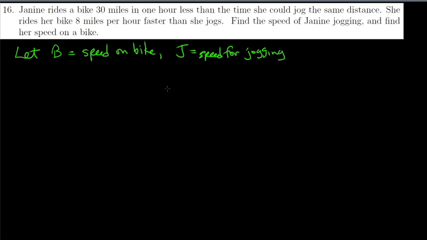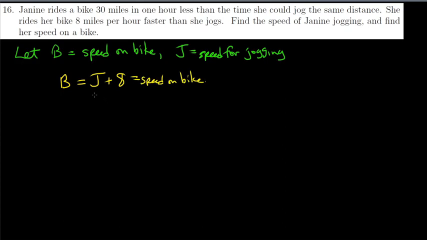I'll come back to the first sentence, but the second one is a little bit easier. She rides her bike 8 miles per hour faster than she jogs. So whatever the speed of jogging is, it's going to be 8 miles per hour faster on the bike. So B is J plus 8. We don't need a B here. Instead of B, it's J plus 8. So this is the speed on the bike.